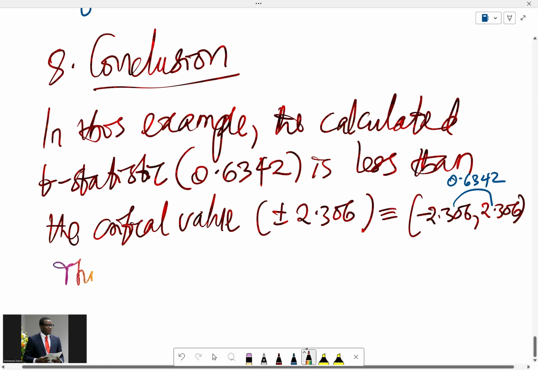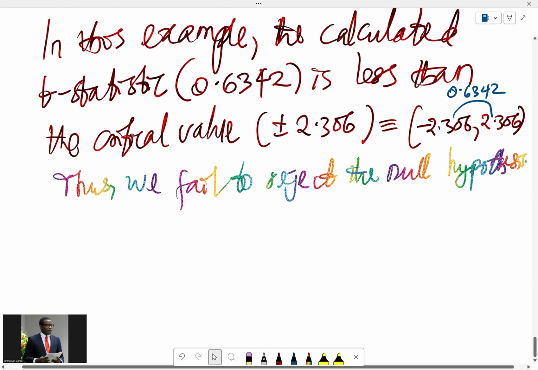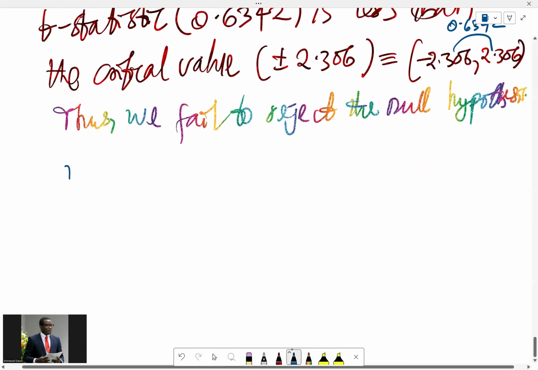So we now say thus we fail to reject the null hypothesis. That's simply that we are accepting the null hypothesis, which means that the population means are exactly the same, something like that. So, okay, what will be the final decision?